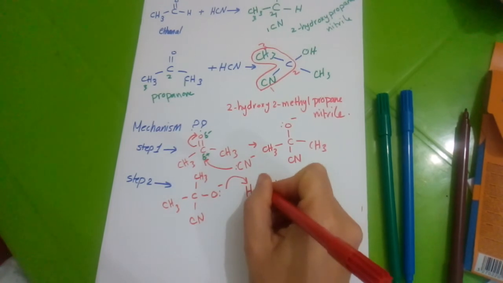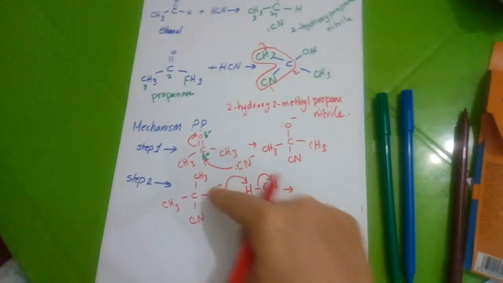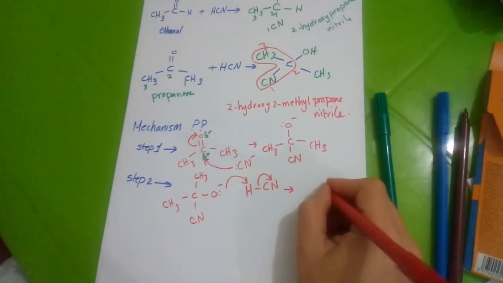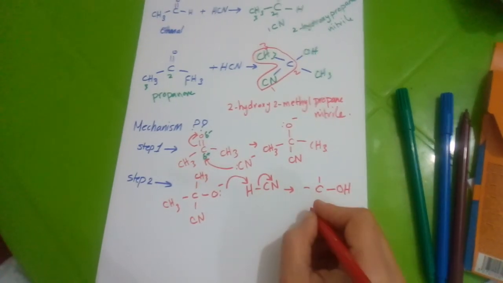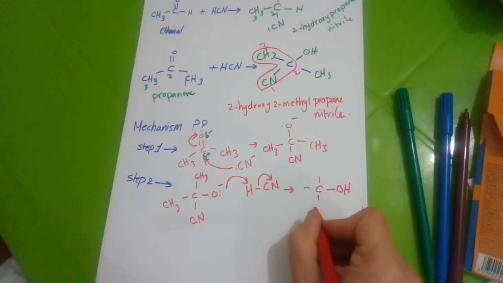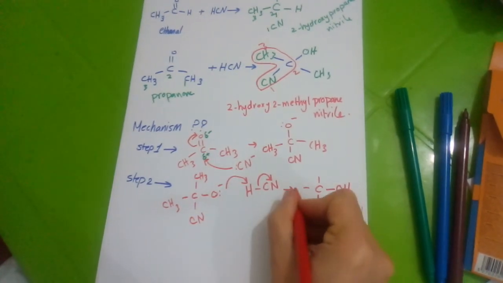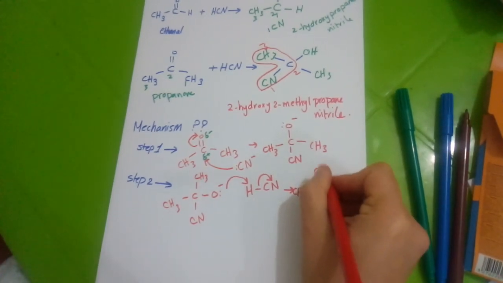Okay, and the bond will be broken in order to add this hydrogen to that compound. So I will see my formed nitrile, which we call 2-hydroxy, 2-methyl, okay, propane nitrile.